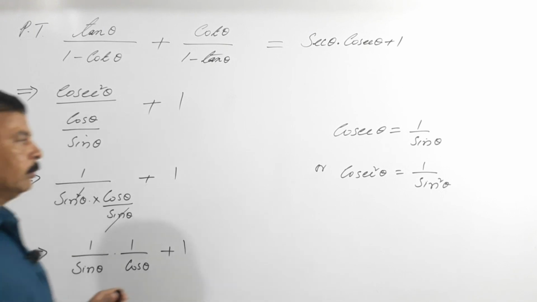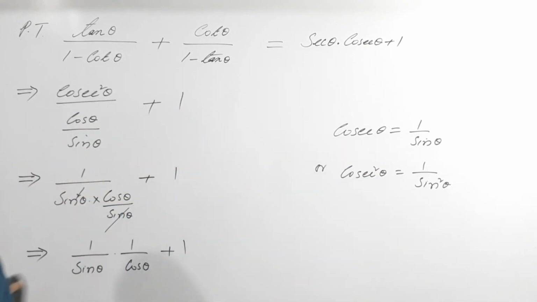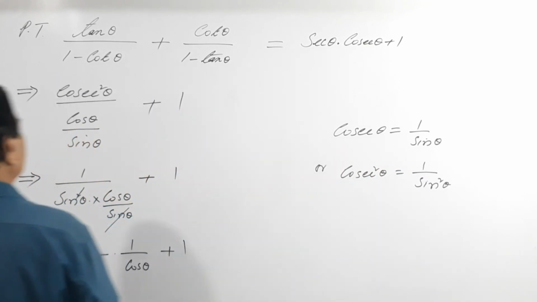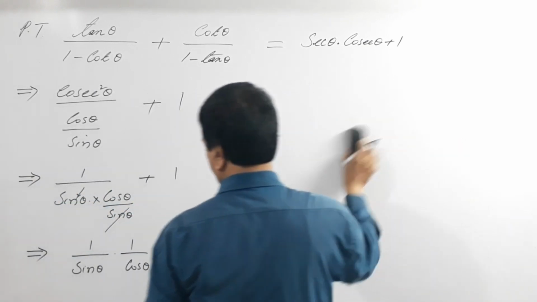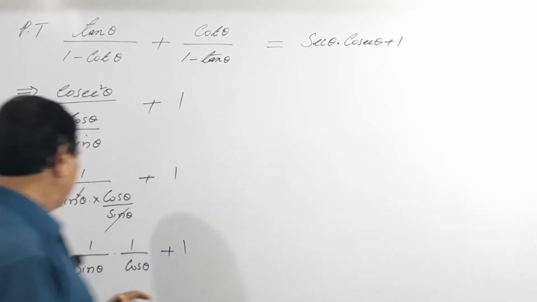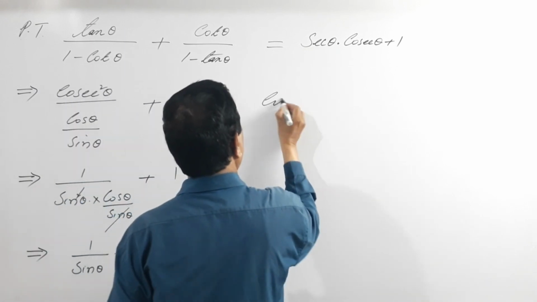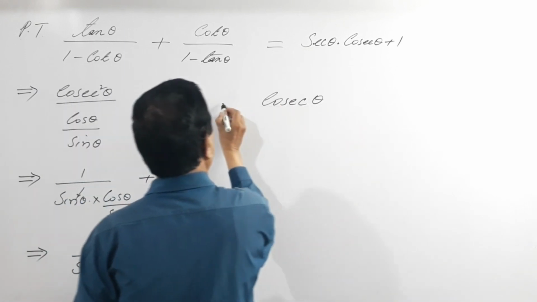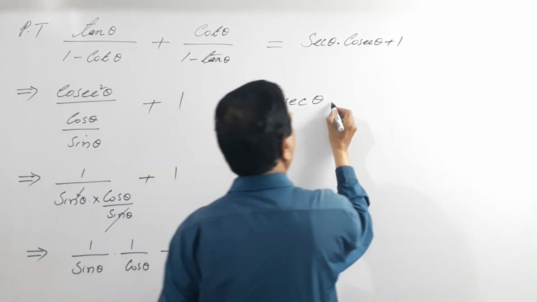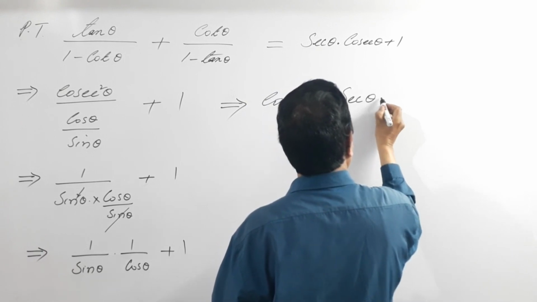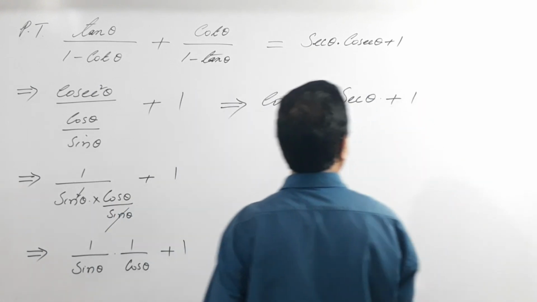What is 1 by sin? We know that 1 by sin is nothing but cosecant theta because they are reciprocals. So this becomes cosecant theta, and 1 by cos is secant theta, into secant theta, plus 1.